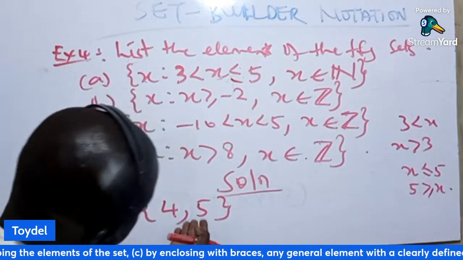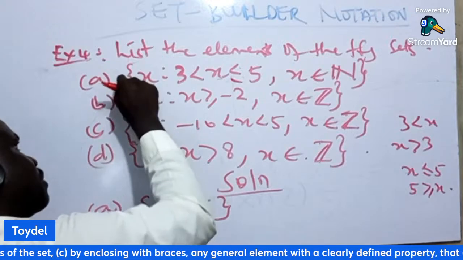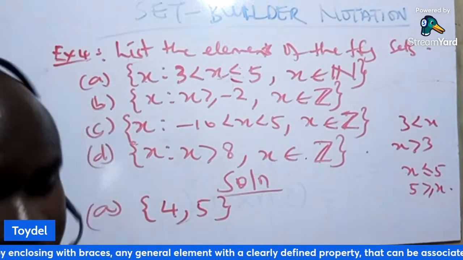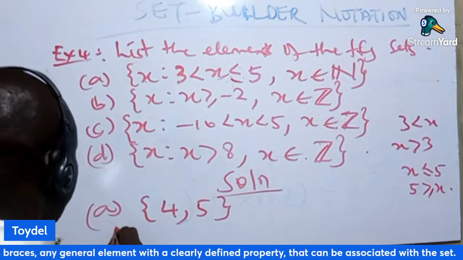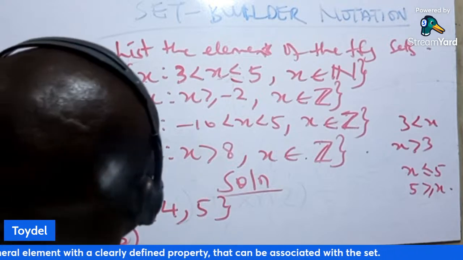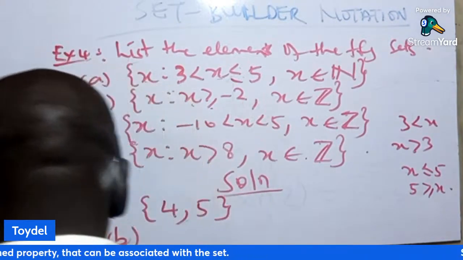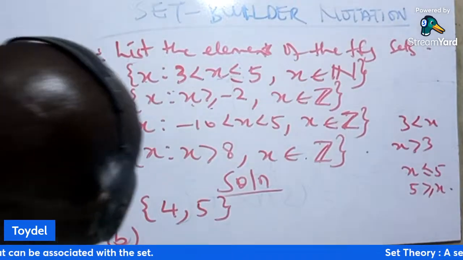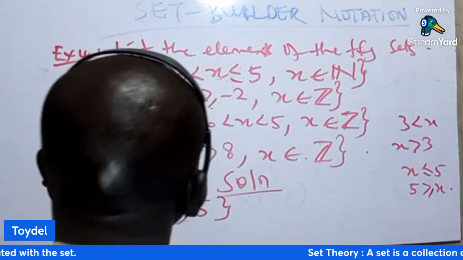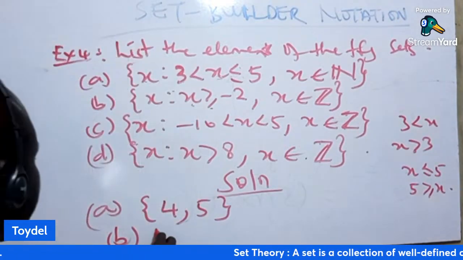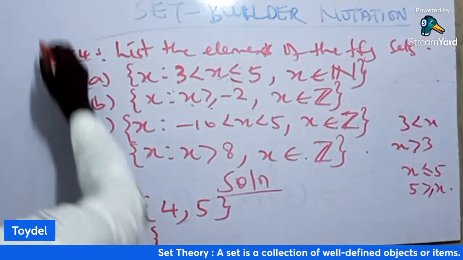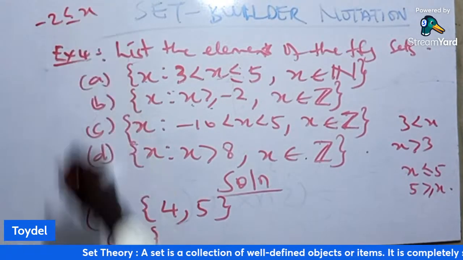What if you are given your set in this form? Can you represent it in set builder notations? That's the question. Then the second one, we have x such that x is greater than or equal to minus 2. What are the elements that we are going to have in the set? It simply means that minus 2 is less than or equal to x.